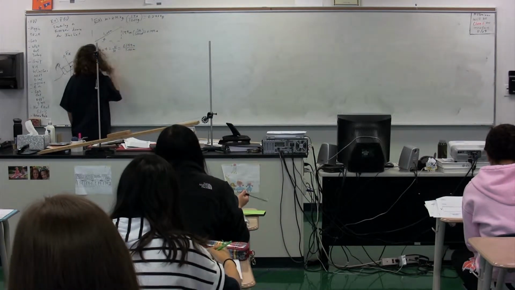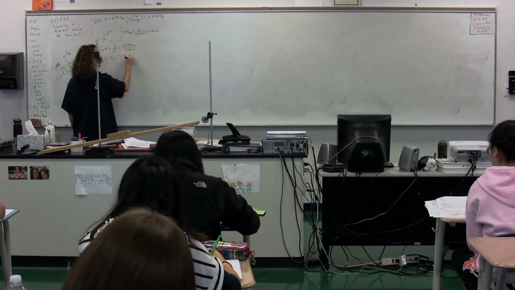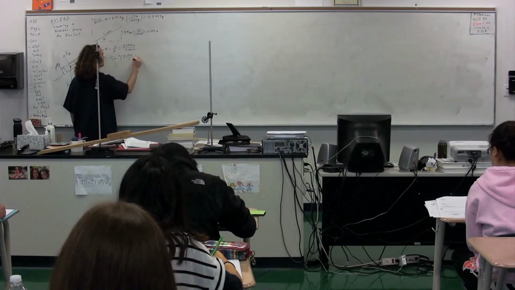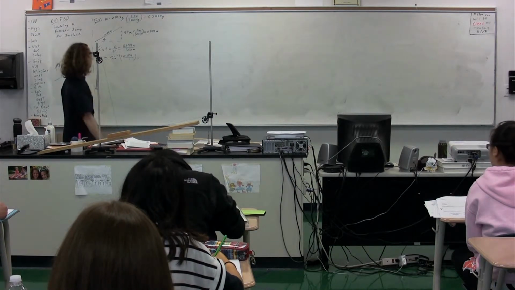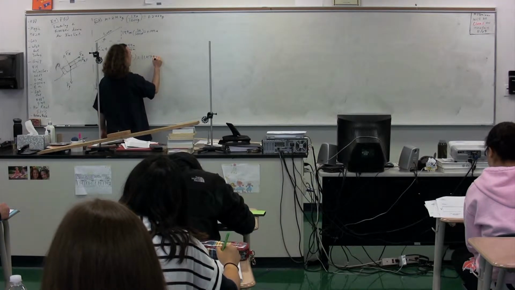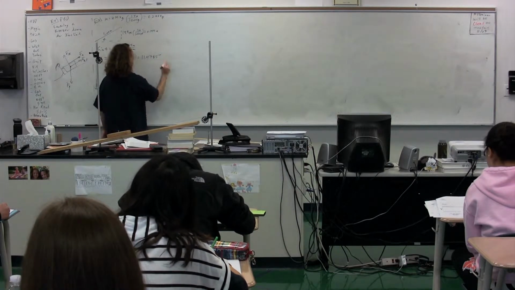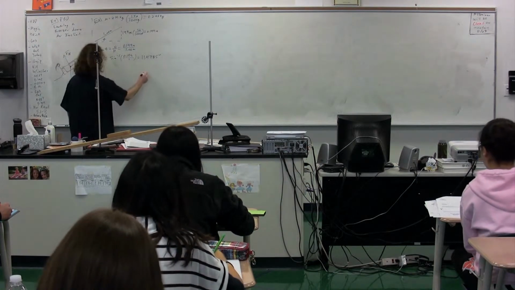Great. So we get that theta is equal to the inverse sine of 0.199 divided by 1. What is our incline angle? 11.4785 degrees. Okay, 11.4785 degrees. That is our incline angle.